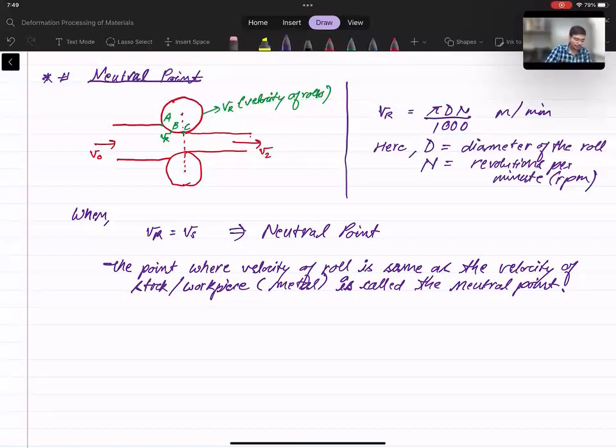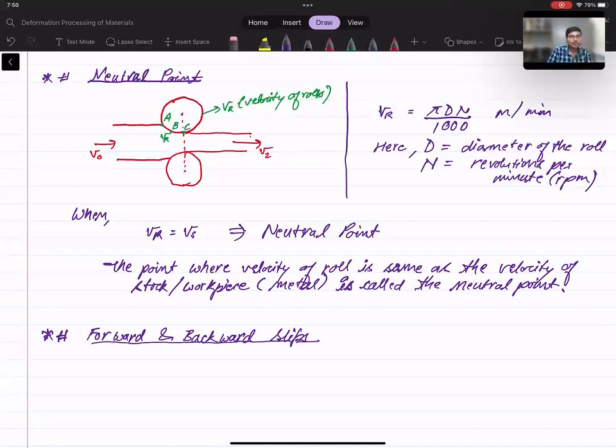So slips are mathematically given as forward and backward slips.